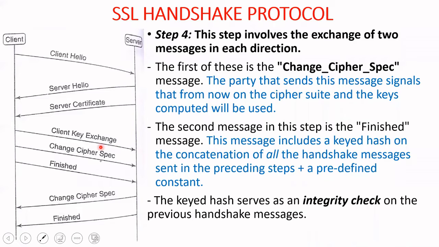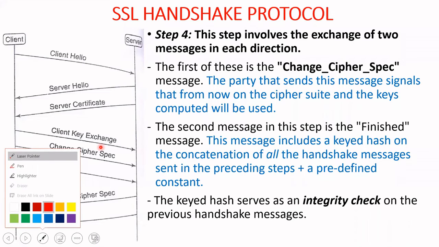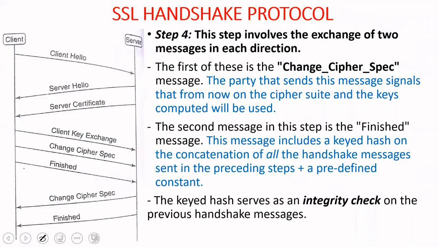Now what is this change cipher spec? Once this change cipher spec message is sent, it means that this client is going to use whatever algorithms have been decided in the previous step, and whatever keys have been calculated in step 3.